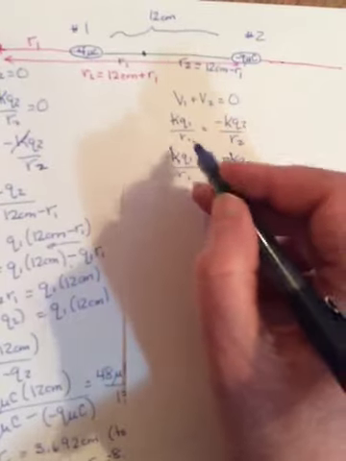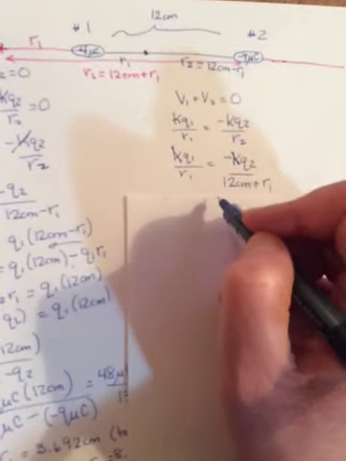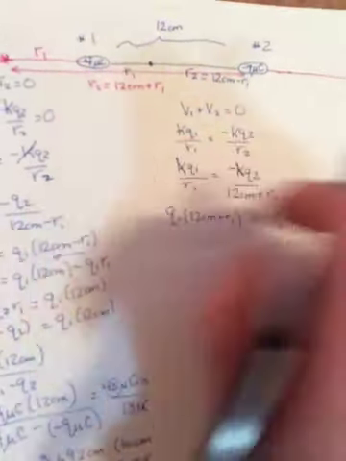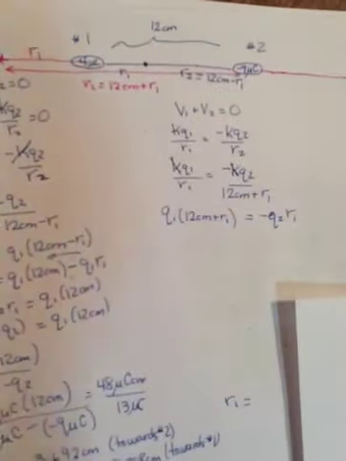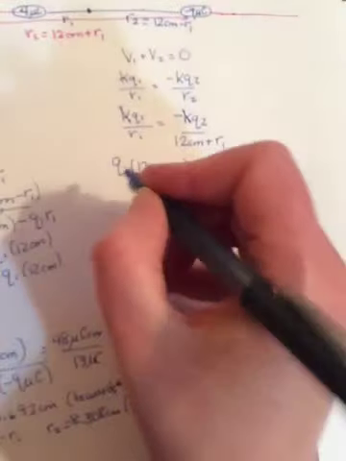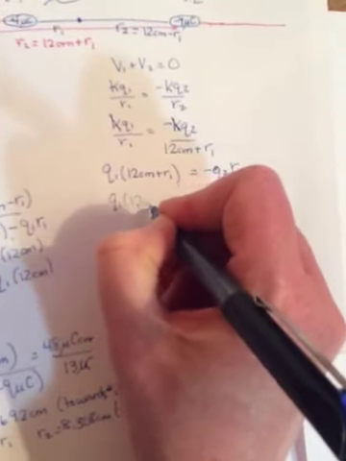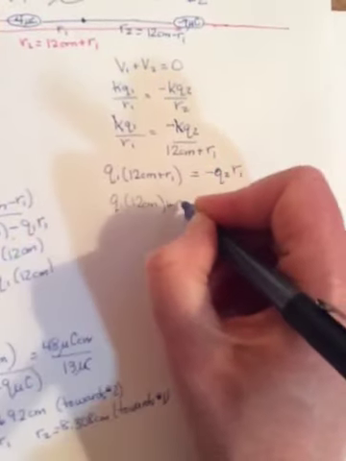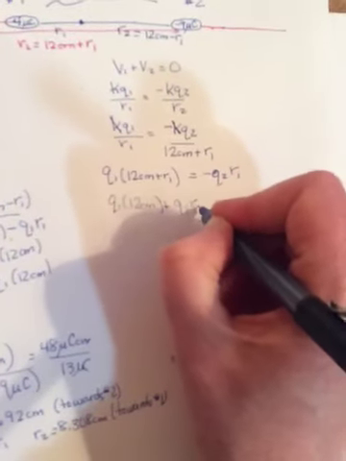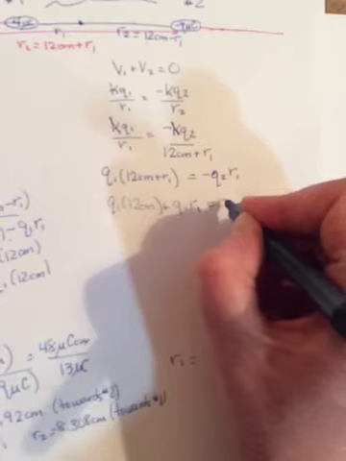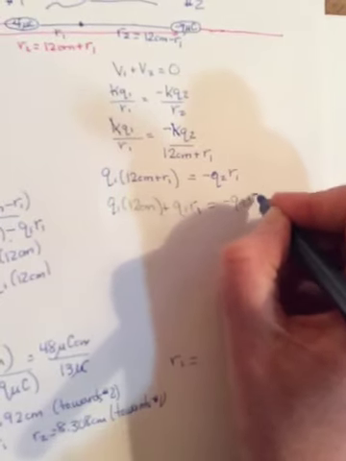The k's cancel, cross multiply, bring the 12 centimeters plus R1 up, and the R1 on the other side over, and now multiply through, so this will be Q1 times 12 centimeters plus Q1 times R1, and that will equal negative Q2 R1.